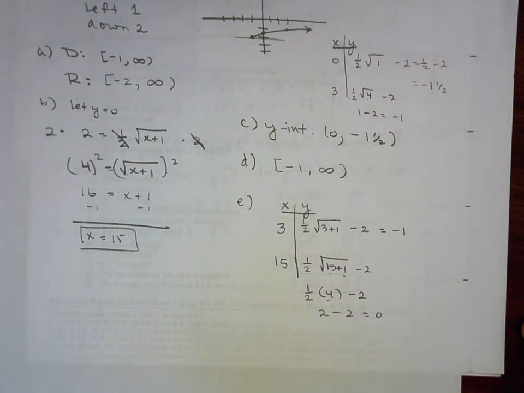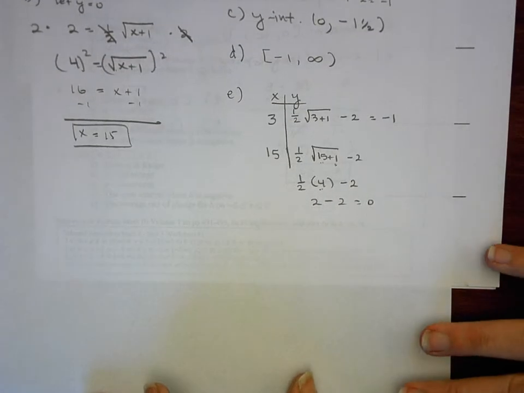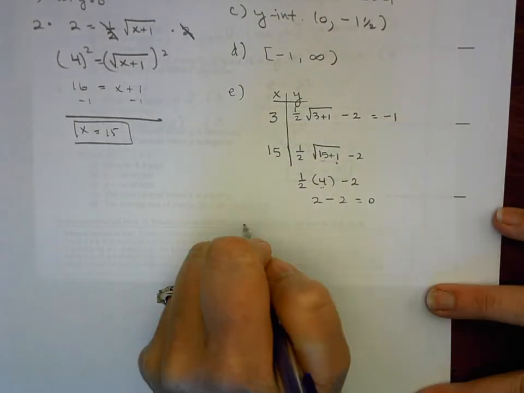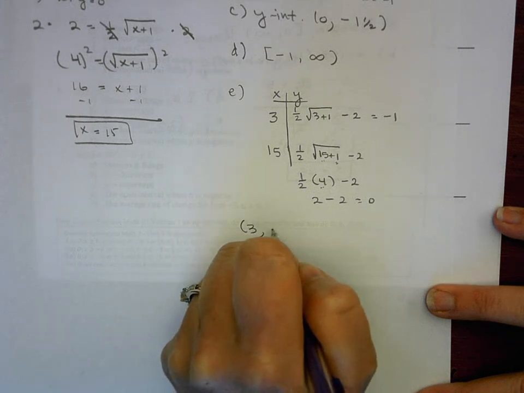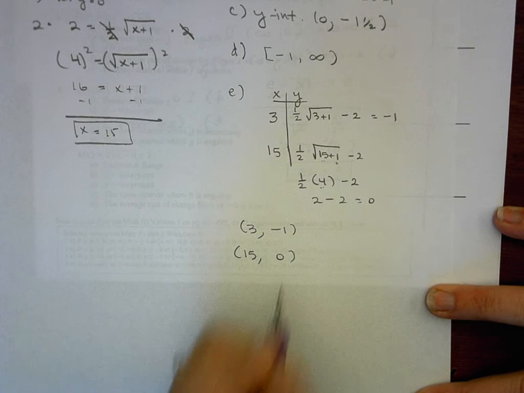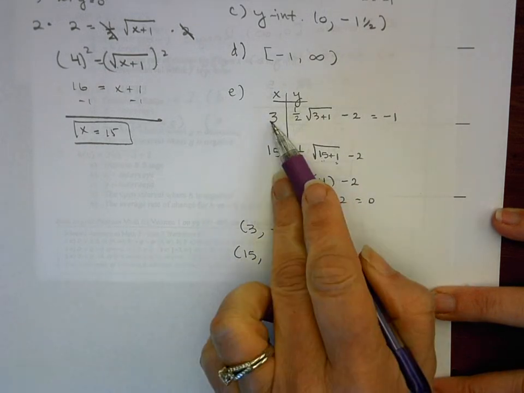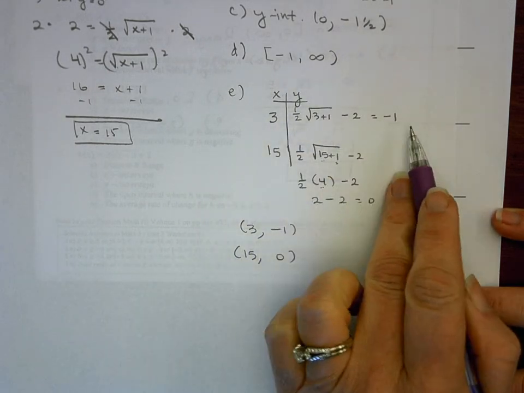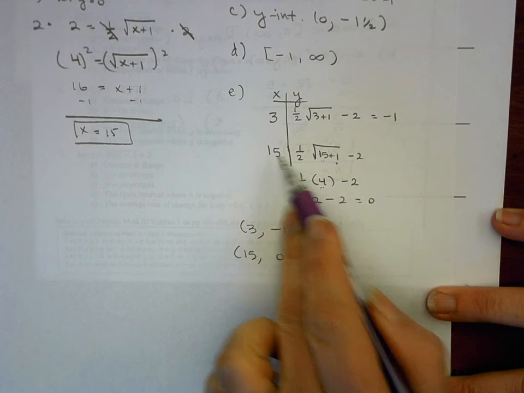Okay. So now that's just showing my work, right? So what I want to do is I want to write these as an ordered pair so I can make more sense of this. So when x was 3, my y was -1. And when x was 15, my y was 0. So when I plugged 3 in, substituted 3 in, I got -1. When I substituted 15 in, I got 0.